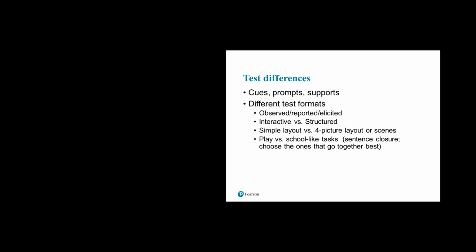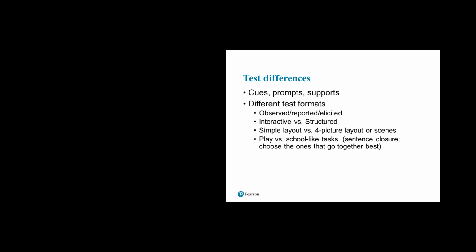Many tasks on PLS-5 are interactive, whereas most tasks on CELF Preschool-3 are structured. Some items on PLS-5 can be scored based on a previous observation or reports that a child does demonstrate a skill, whereas most items on CELF Preschool-3 have to be directly elicited in order to be scored.